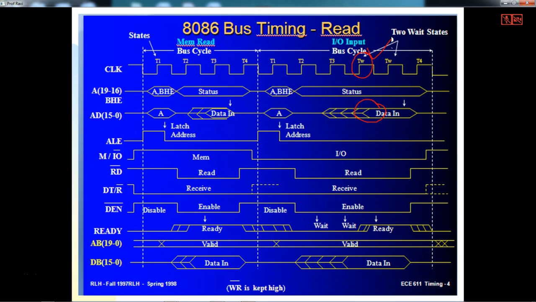See very clearly, when the processor is doing a memory read operation or IO read operation, if the IO devices are fast enough, then no problem. If they are not fast enough, then the processor will introduce wait cycles into the memory read cycle. So how many wait cycles need to be introduced is what we are trying to calculate now.